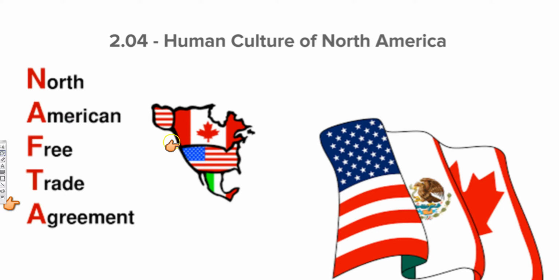It was a relationship between Canada, the United States, and Mexico in which we would trade with one another and not have any tariffs, which basically means that when you bring something in from one country to another, we don't charge any kind of tax on it. That has changed a little bit. I don't know the specifics of what Trump negotiated, but we still have some sort of NAFTA agreement, though it's different than what it was under President Clinton.